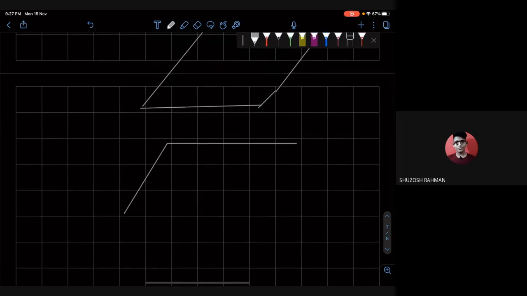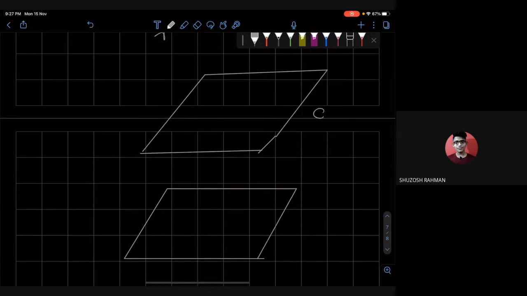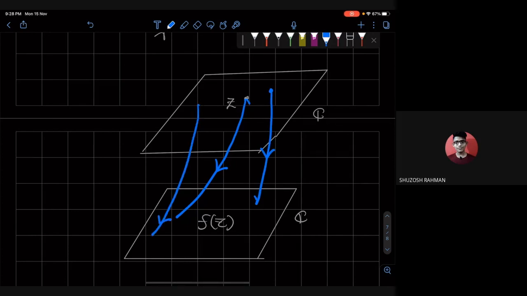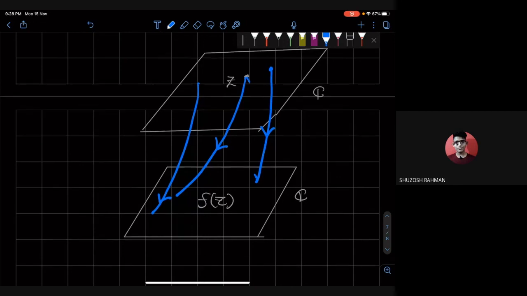This is where my original complex plane is, and this is z. And this is another complex plane, but here the variable is f of z. So when we are talking about a holomorphic function, we are looking at maps from one complex plane to another.